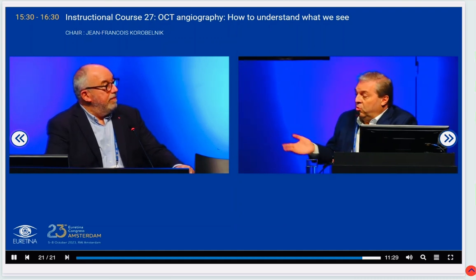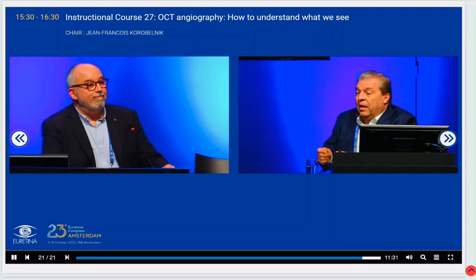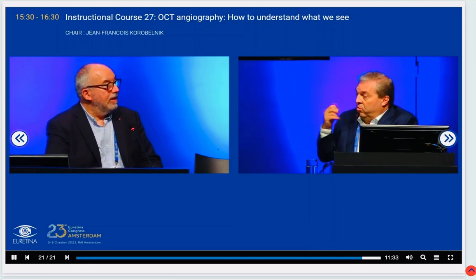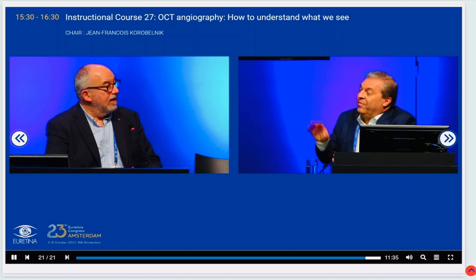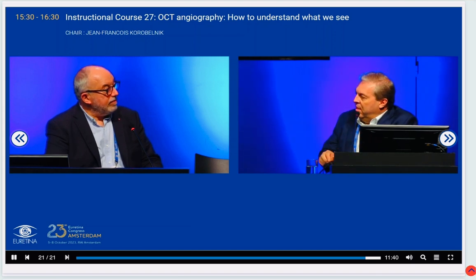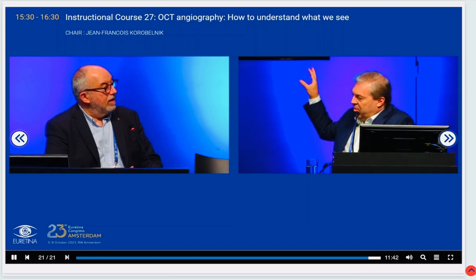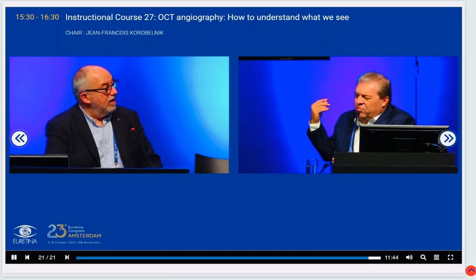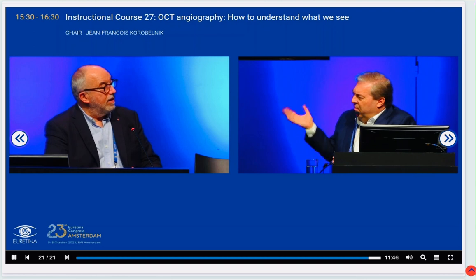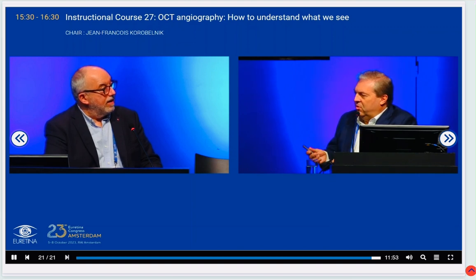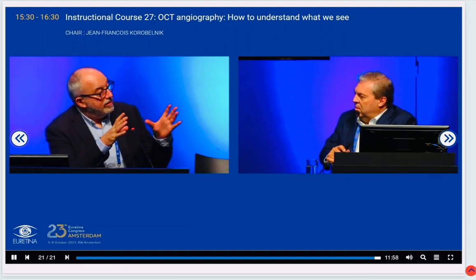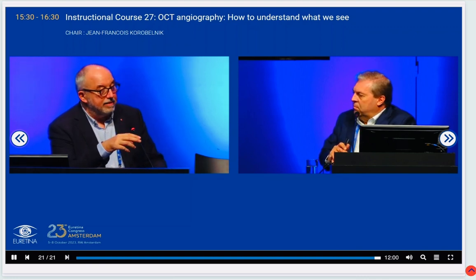It's impossible to do it in a routine clinic, and I do it when I do research and when I have specific cases where I need to see the peripheral ischemia and neovascularization, because it's very useful. You don't need conventional angiography to see the ischemia and the neovascularization very clearly. So that's when I choose to do it. Otherwise, you stay with the 6 by 6.